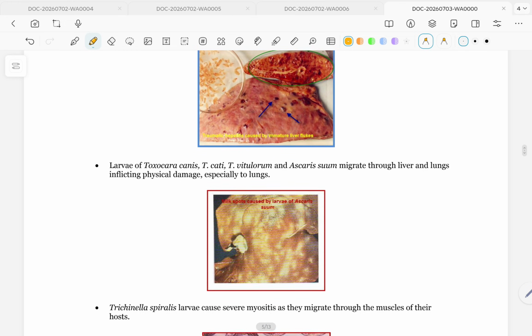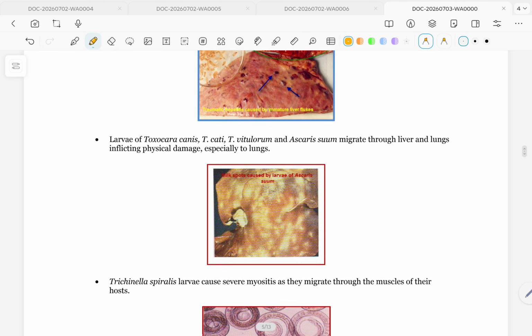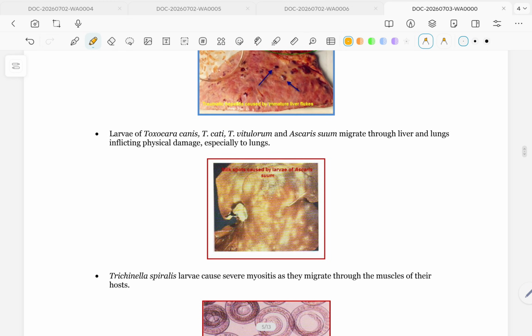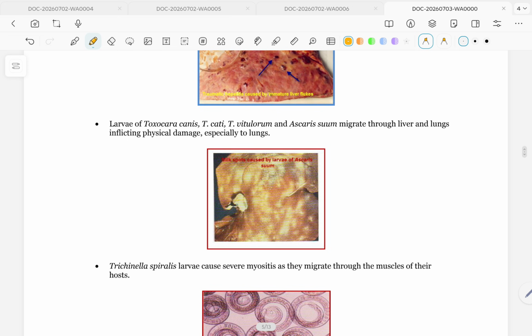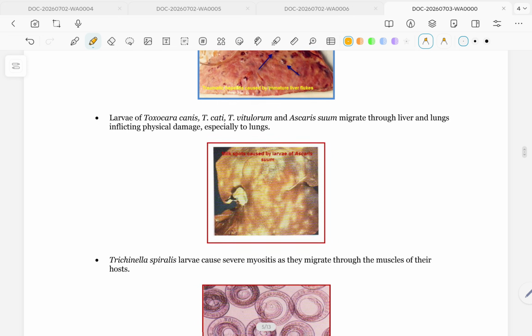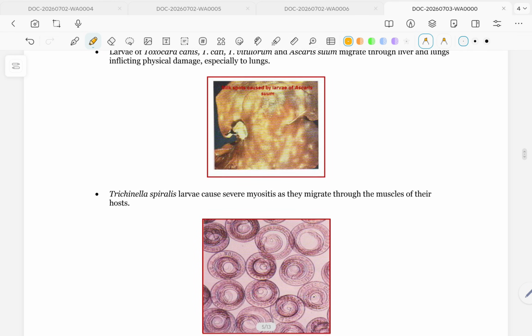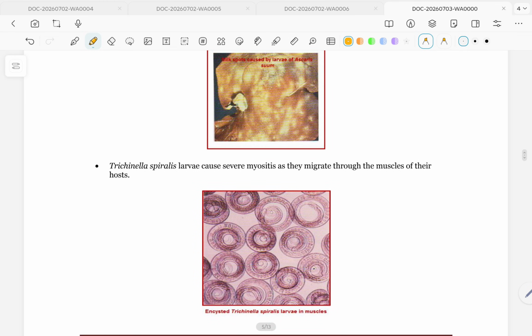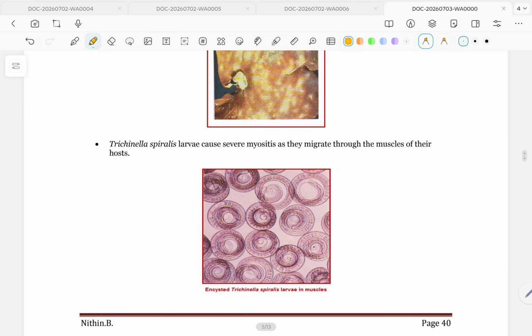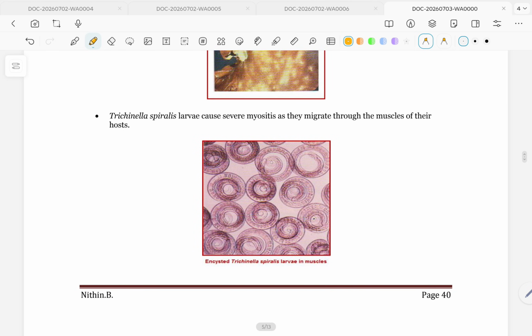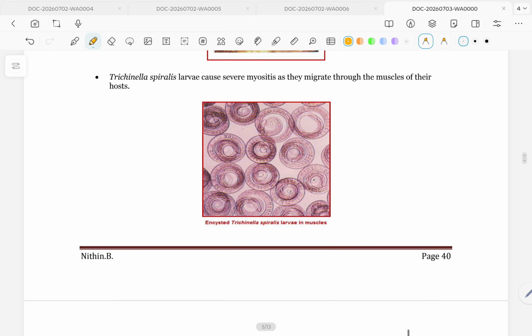Larvae of Toxocara canis, Toxocara cati, Toxocara vitulorum, and Ascaris suum migrate through liver and lungs, inflicting physical damage, especially to lung. Trichinella spiralis larvae cause severe myositis as they migrate through the muscles of their host.